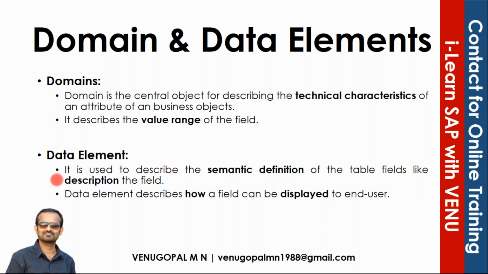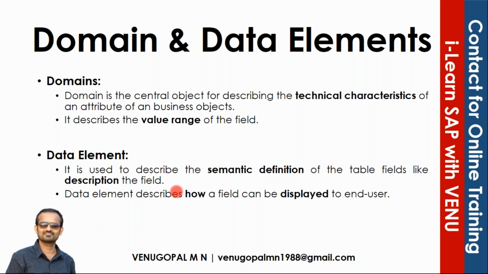Data elements are used to describe the semantic field of the table fields, like the description of the field. Okay. And a data element describes how a field can be displayed to an end user. As you saw, domains define the technical properties of a field, whereas data elements deal with the business user, or how this particular field description can be displayed to an end user.